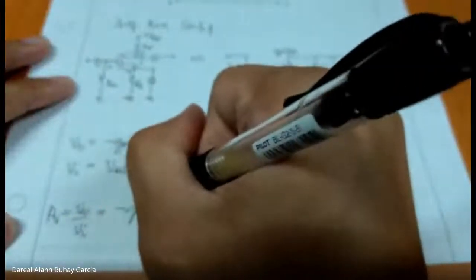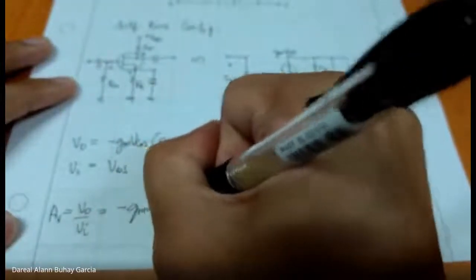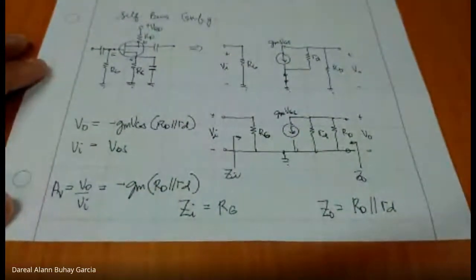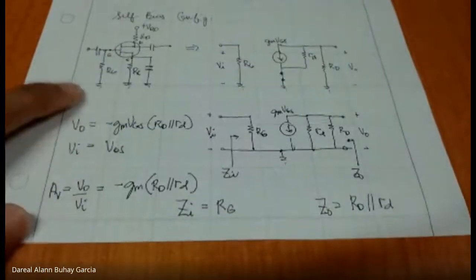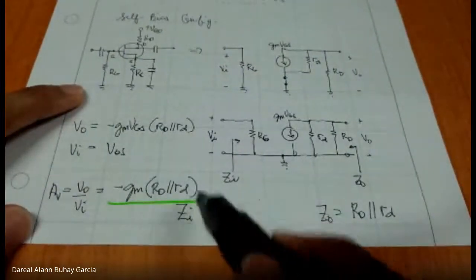So, negative gm RD parallel rd. Okay. So, these are our formulas.